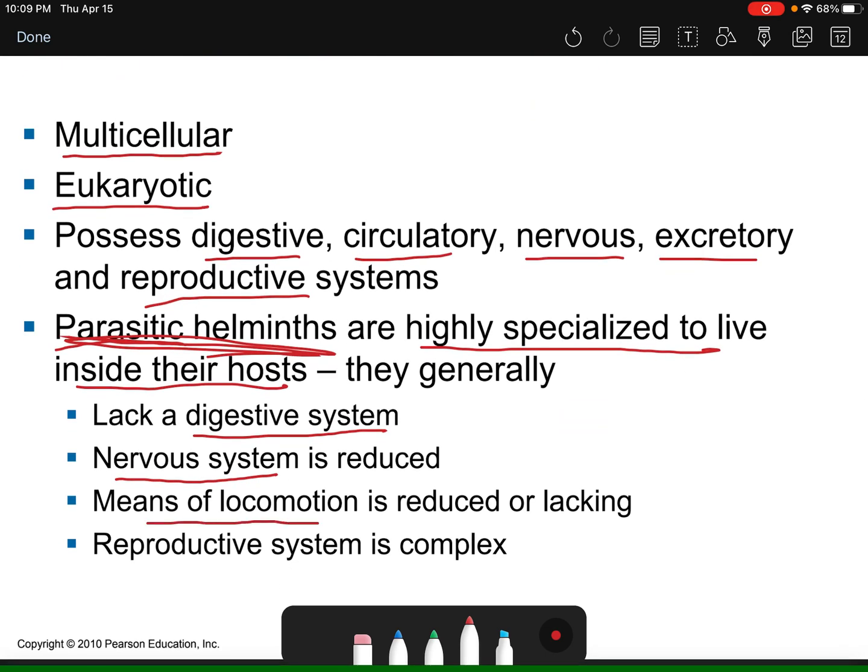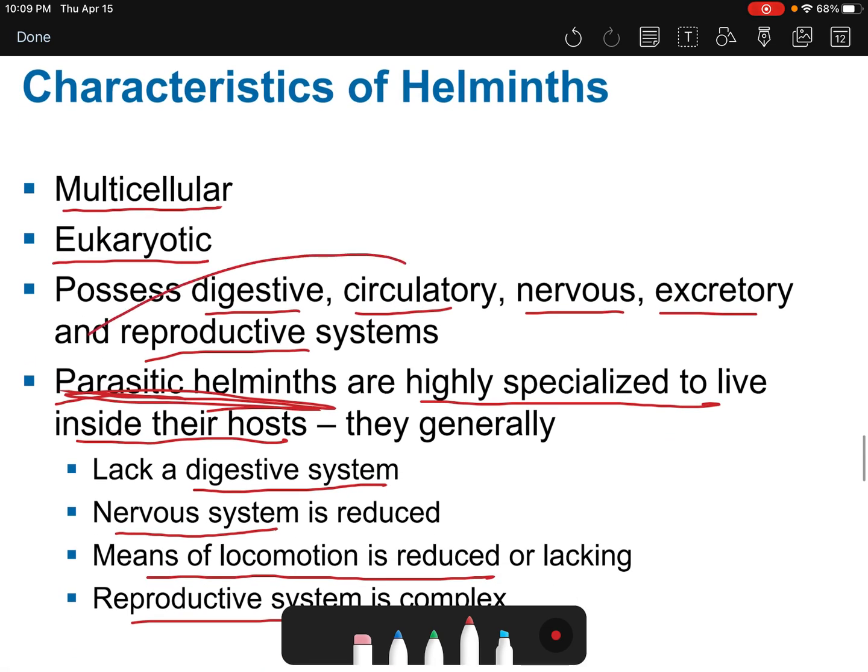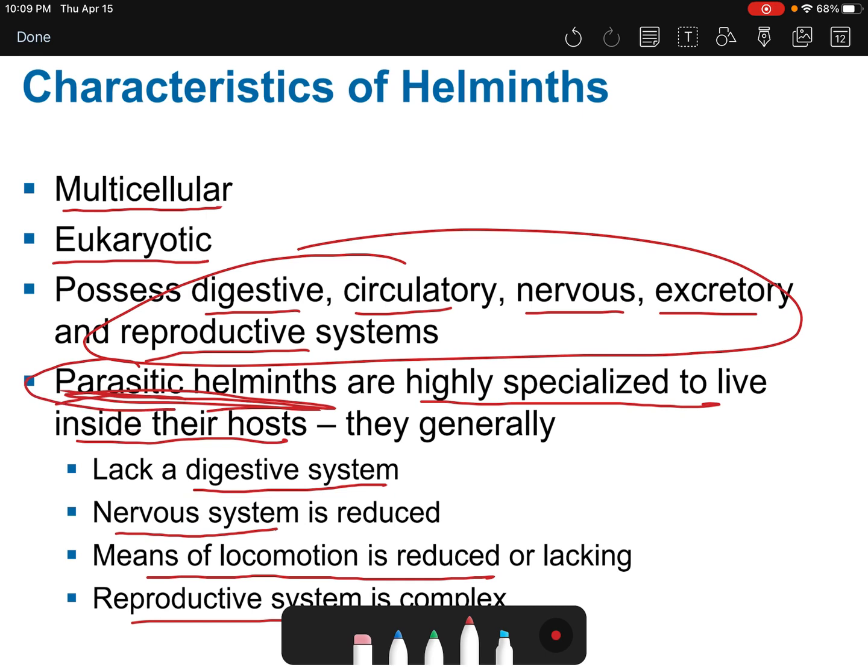Their means of moving around, locomotion, is reduced or lacking, and they have a reproductive system that's complex. And so generally, helminths can have all of these systems, but if they happen to be parasitic ones, they tend to be lacking some of these, and that's why they need a host.